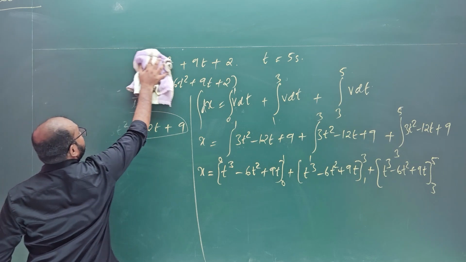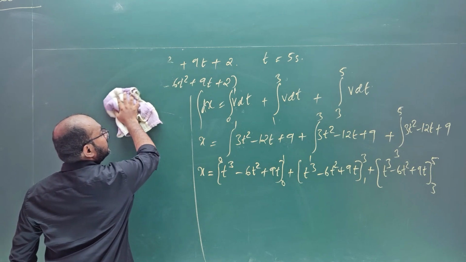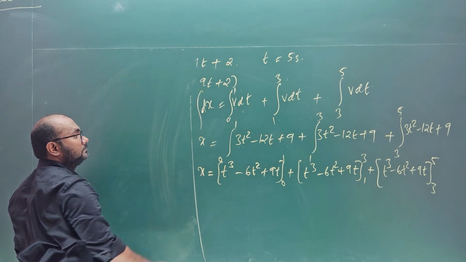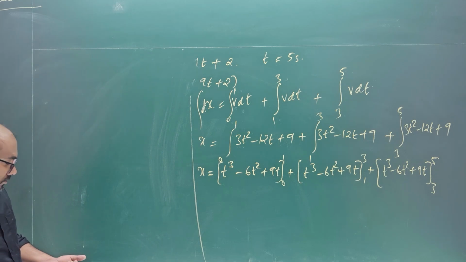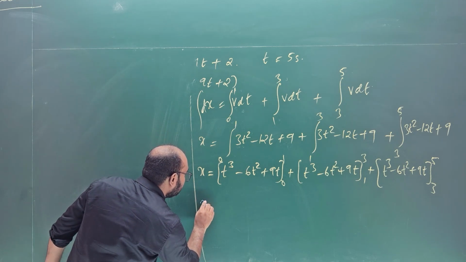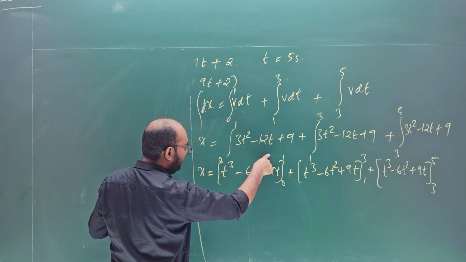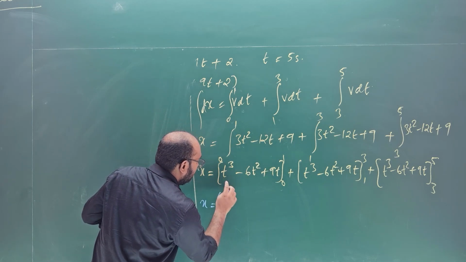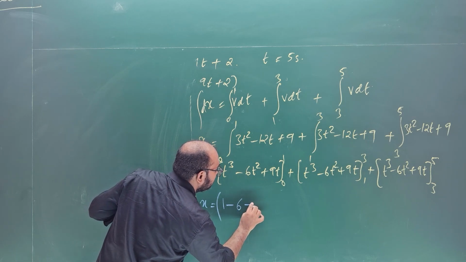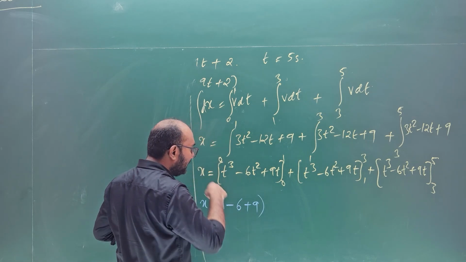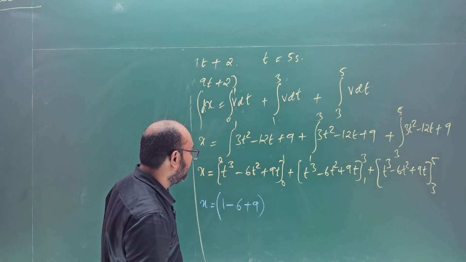Okay, let me check. So, x is equals to, lower limit becomes 0, upper limit is nothing but 1 minus 6 plus 9.